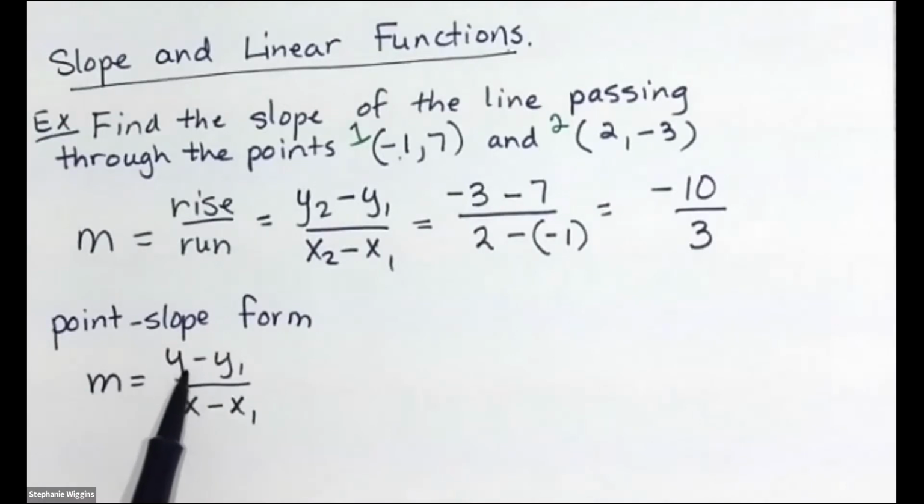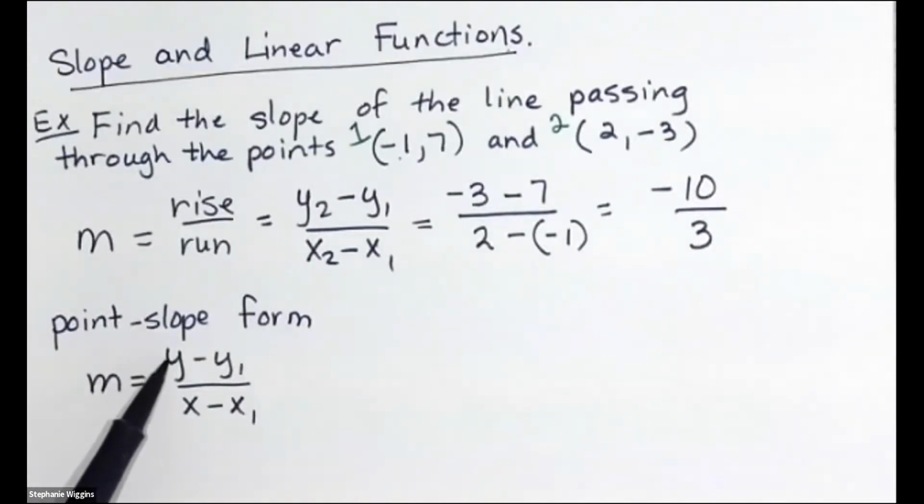Notice I dropped the subscript here. Instead of y2, I just have plain old y. Instead of x sub 2, I have plain old x. That's because I want these points to vary. This is the fixed point, and these are the variable points or values of x and y. So this point x, y varies along the line, and that defines the entire line.